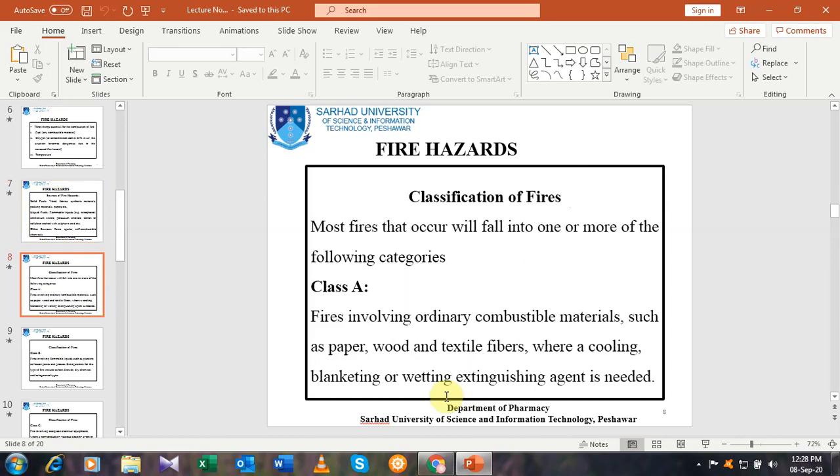After that, we have classified different types of fires into different categories.